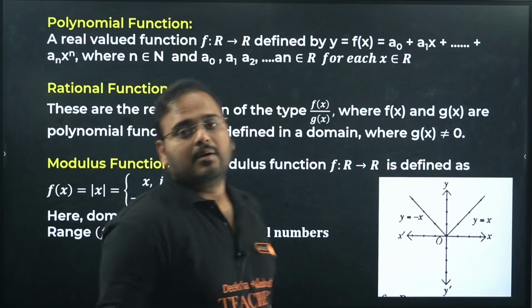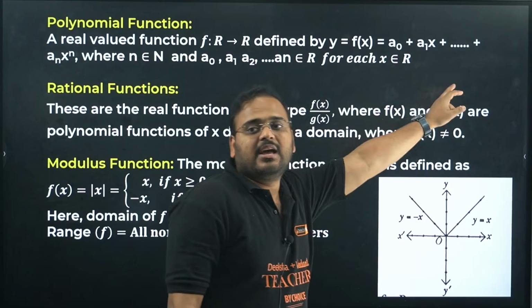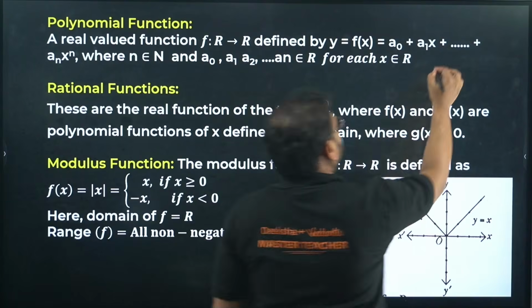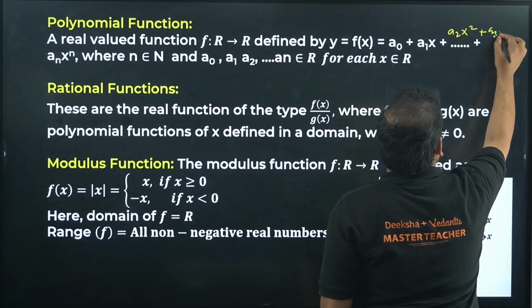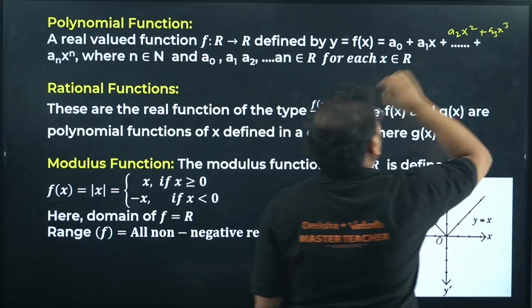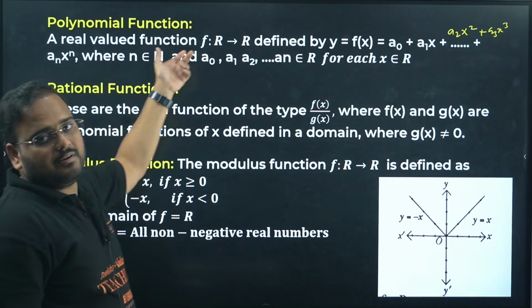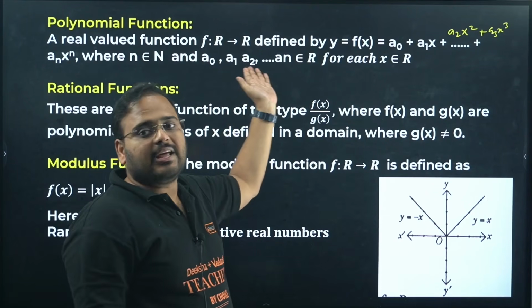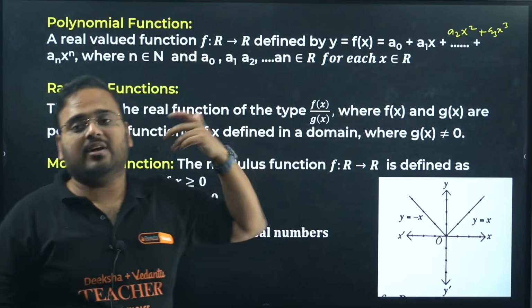Polynomial function is given by a0 + a1x + a2x² + a3x³ and so on till anxⁿ, where n represents the power, the index, and n is a natural number. a0, a1, a2, up to an represent your coefficients. They are all real numbers.